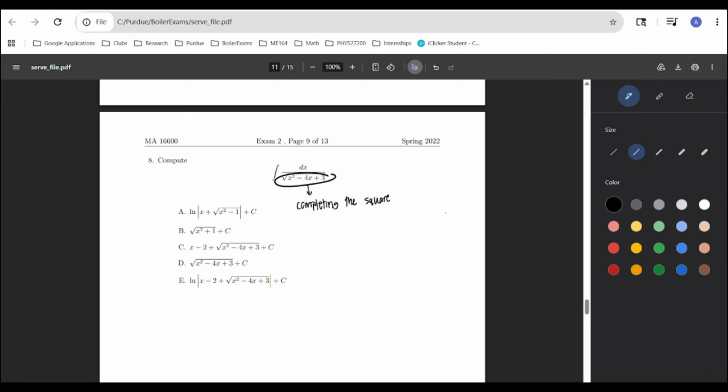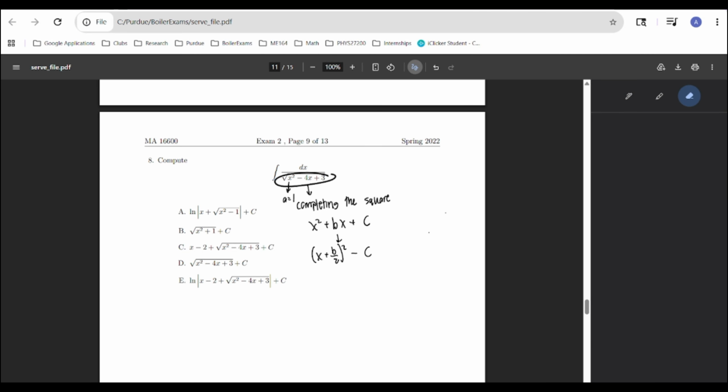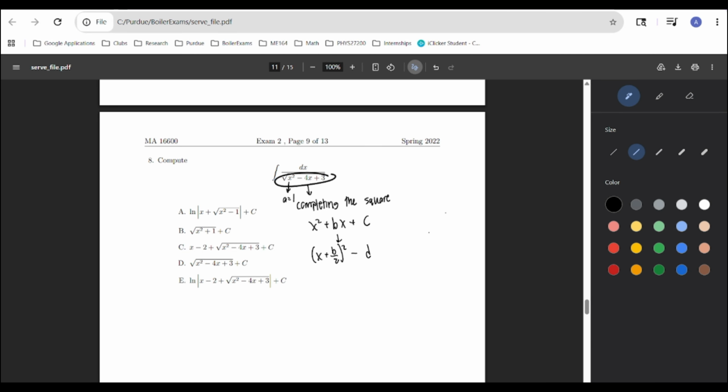Completing the square says that if I have a polynomial, and I'll keep it general to this form where a, in this case equal to 1, of x squared plus bx plus c, I can rewrite this polynomial in its vertex form, as x plus b over 2 squared, and then minus some constant out in front. I'll call this constant d.